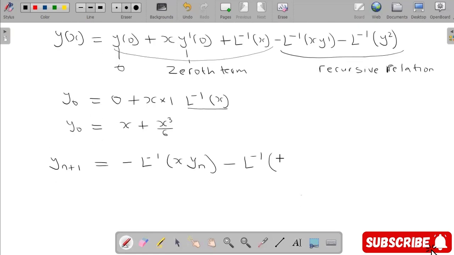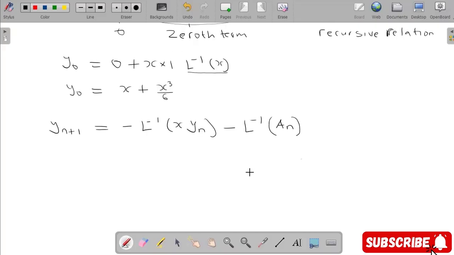In one of our videos, the calculation of Adomian polynomials has been well explained, so listeners can check one of those videos and study them. Here, this one is represented as A_n. We can use anything to represent it, either A_n, B_n, or any constant that will not confuse us.